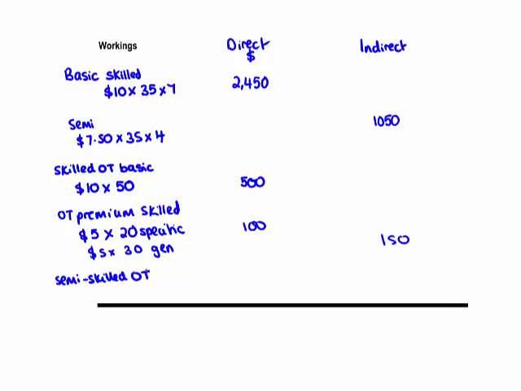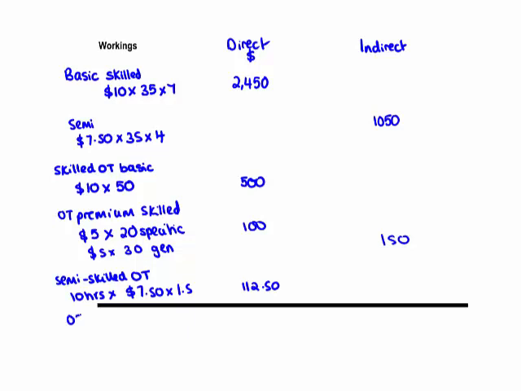The overtime for the semi-skilled workers, 10 hours, was on a specific order. So that means that the full amount of $11.25 per hour will all be a direct cost.